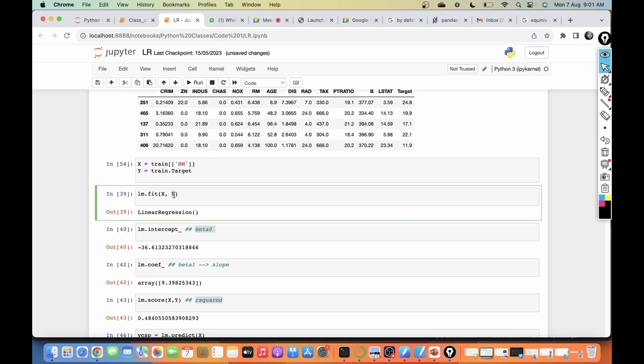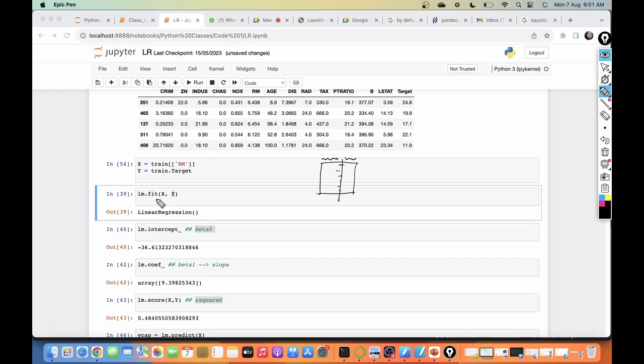What it does is it takes the independent variables, tries to find the patterns, calculates all those values that this machine learning algorithm is built for, and saves it into its insight.